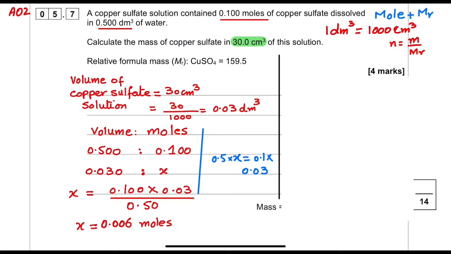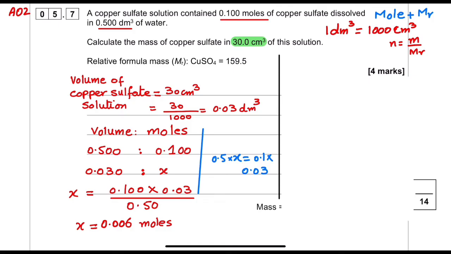We know that for 0.1 mole of copper sulfate, the volume is 0.5 dm cube. The other volume is 0.03 dm cube, and the number of moles of copper sulfate is unknown. I use X for it.